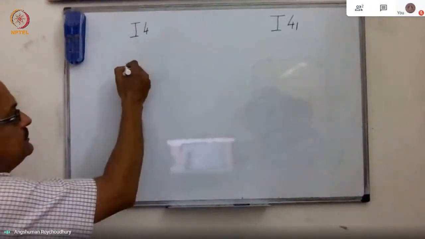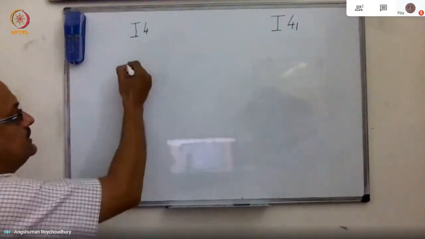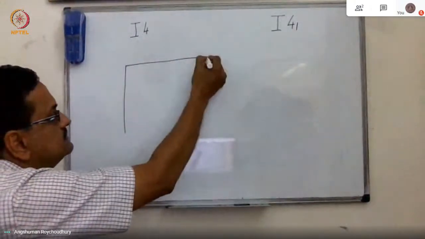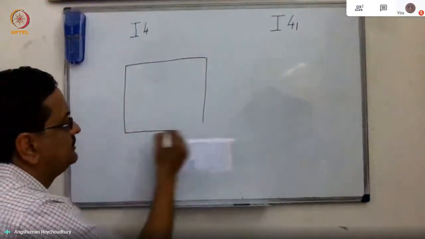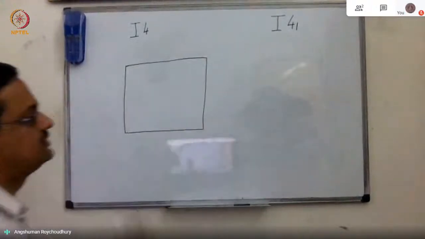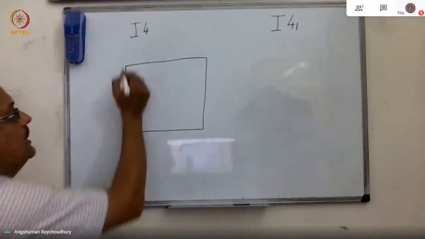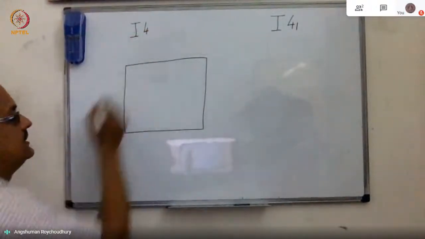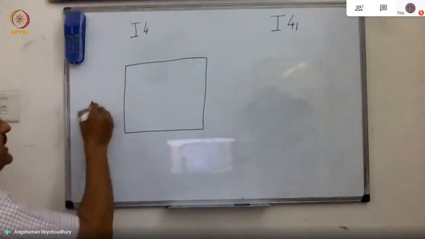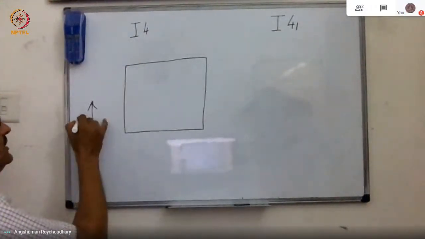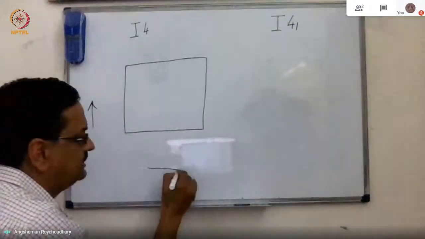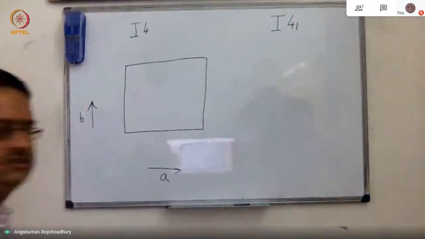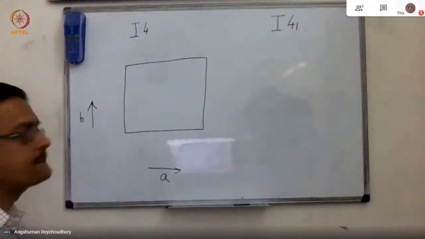When you are trying to draw the projection of a tetragonal unit cell, we should always draw a square. The fourfold axis is always perpendicular to the plane of projection. So this direction is B and that direction is A, which we should always maintain.